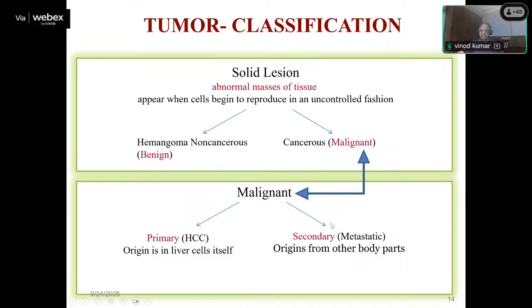The second is metastatic, which is basically secondary, meaning the origin is somewhere else. In primary, the origin is in the liver; in secondary metastatic, the origin is in another part of the body. So these are the two types of malignant tumors.